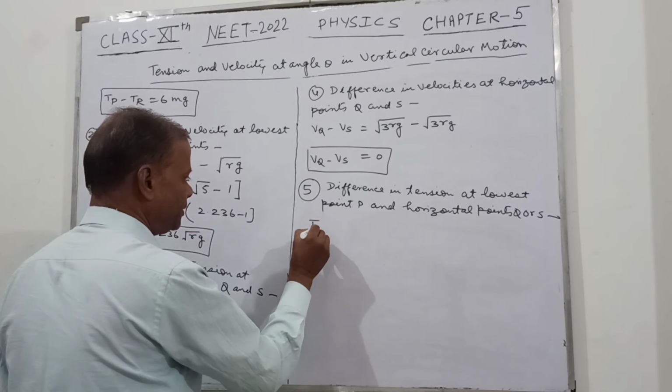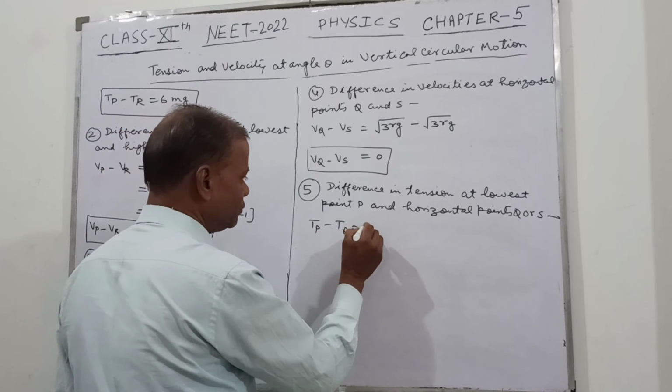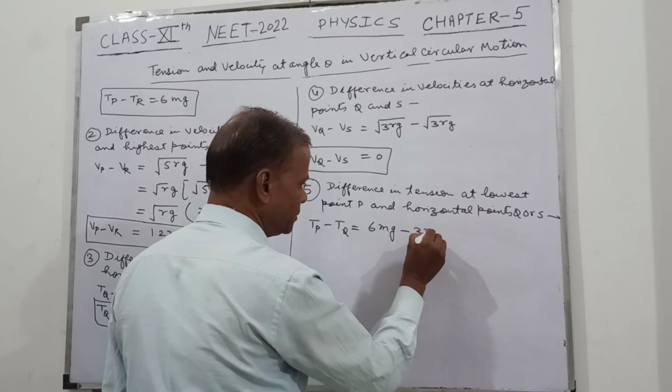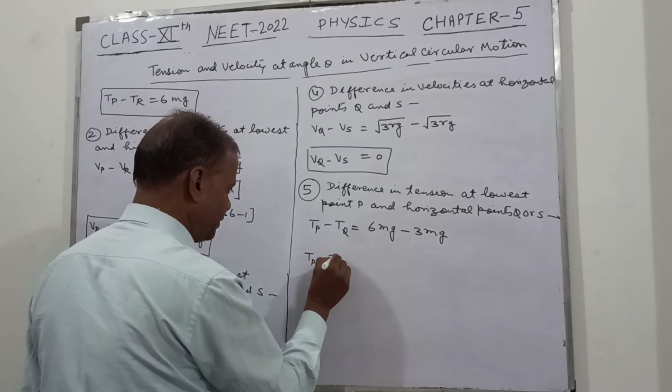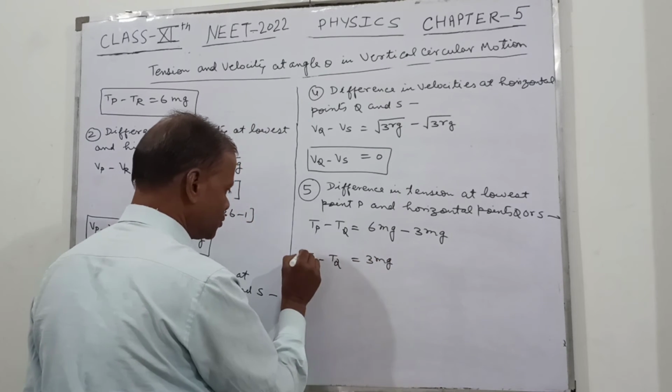This is now TP minus TQ. TP is equal to 6 mg, and TQ is equal to 3 mg. So TP minus TQ is equal to 3 mg.